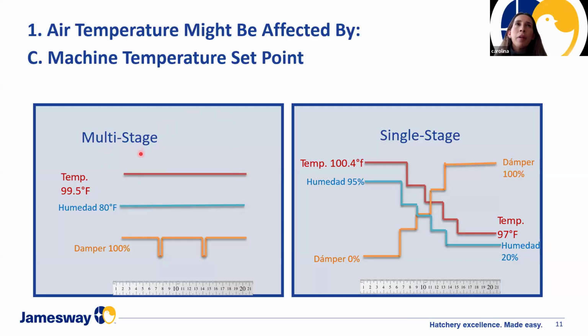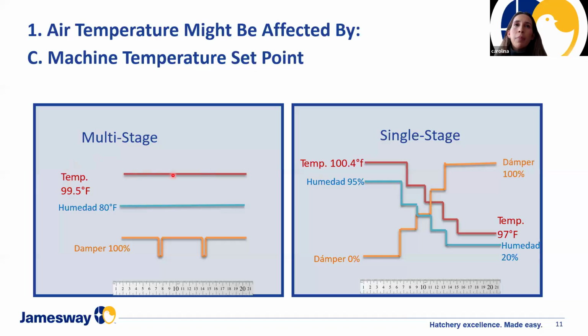Second thing to keep in mind on set points: this set point is an average. An average means that it's in the middle, which means it can be a little bit cold for the embryos that are starting in the endothermic phase, but also a little bit hot for the ones that are in the third week of development and are already exothermic.